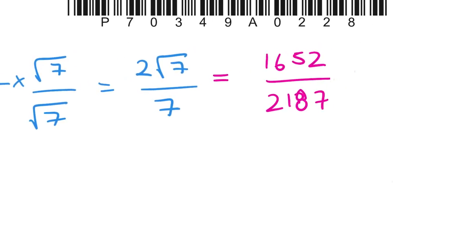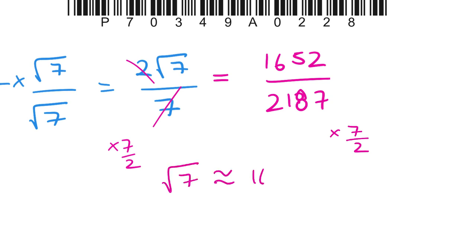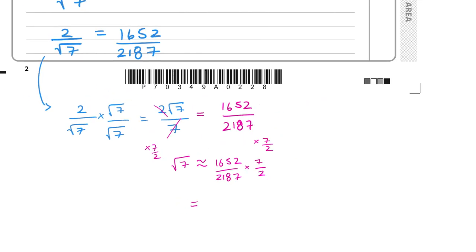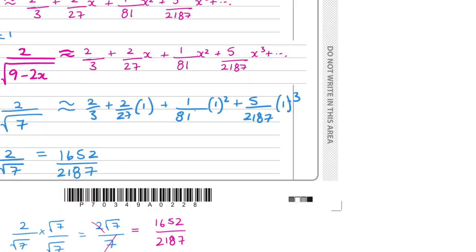So how do I find root 7? Well, clearly I have to multiply both sides by 7, so I'll get rid of that, and then divide by 2. Okay? So, in actual fact, root 7 is approximately 1652 over 2187 multiplied by 7 over 2. How many decimal places did it want? 4.